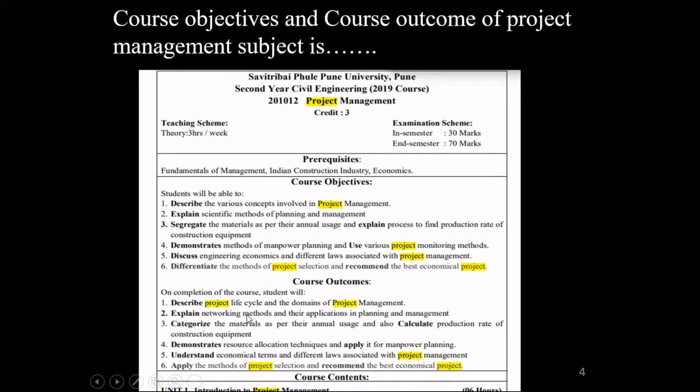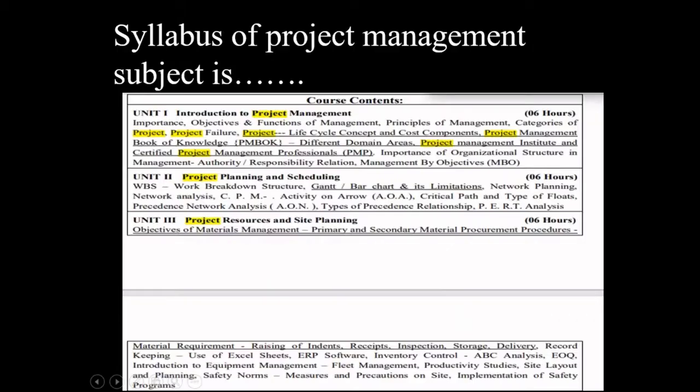He will be able to explain networking methods and their applications in planning and management, categorize material as per usage, annual usage, and calculate production rate of construction material equipments, demonstrate resource allocation techniques and apply it for manpower, understand economical terms and different laws associated with project management, apply method of project selection, and recommend best economical project.